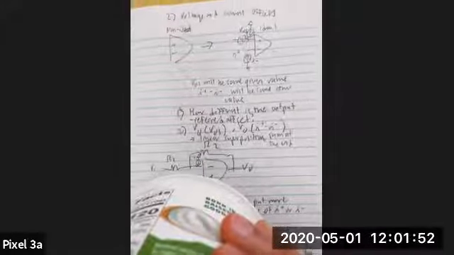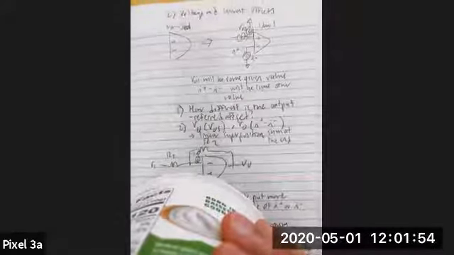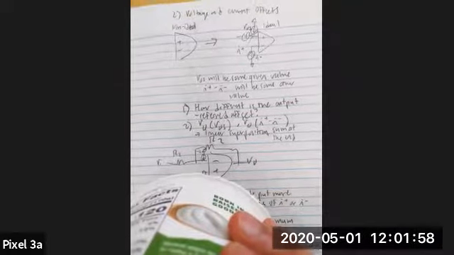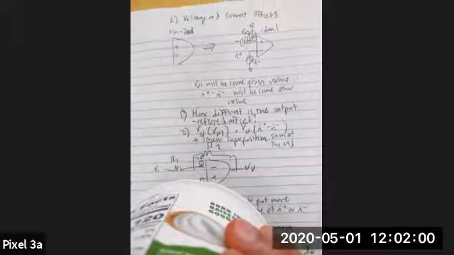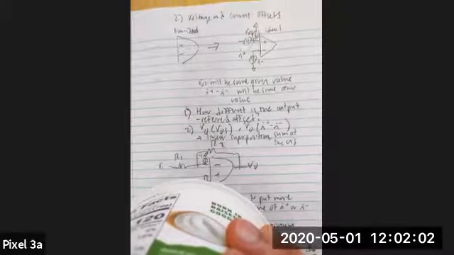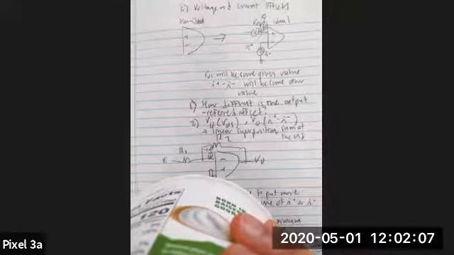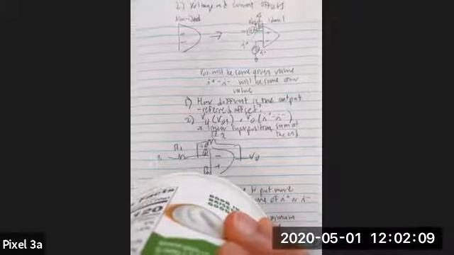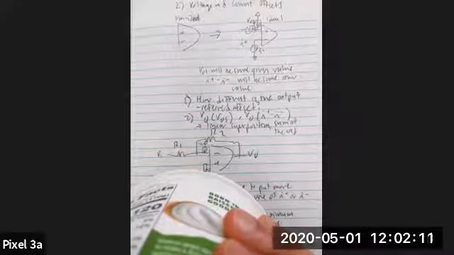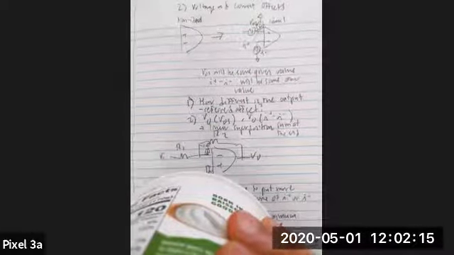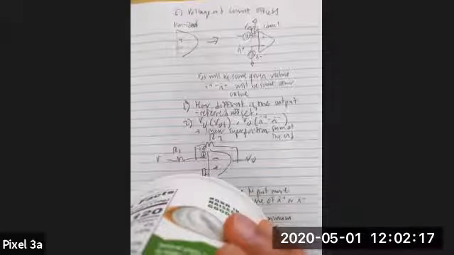The current offsets arise from mismatches in the device characteristics within the amplifier. And so the effect is that at the input, it seems like the amplifier is drawing current, just because of how it's laid out. But that's not the same as a bias necessary for the operation of the circuit.